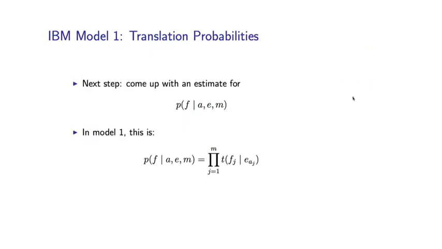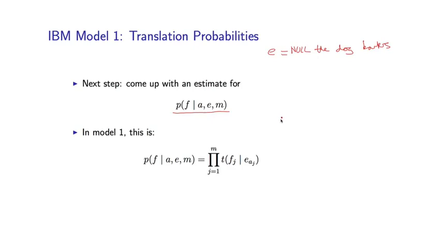So now let's talk about the second part of the model. This is the model of P of F given A, E, M. So what's going on here? We have some English sentence E. So for example, we might again have the dog barks, and I'll write null as the 0th word in the sentence.